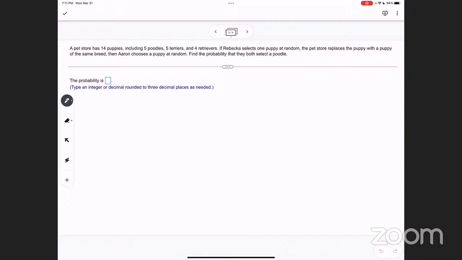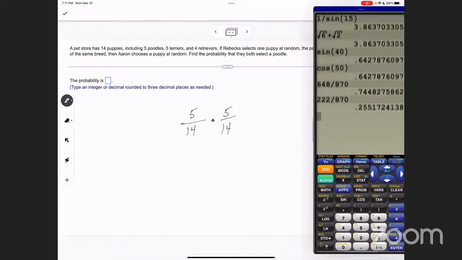So what's the probability that Rebecca selects a poodle? 5 out of 14. Multiply that by the probability that Aaron selects a poodle. And remember, they replaced the poodle. So his is also 5 poodles out of 14. So multiply those together.